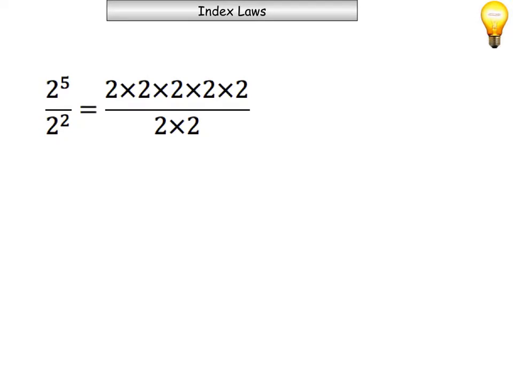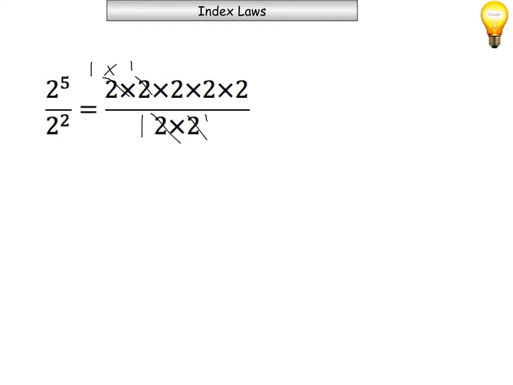Now here it's important to remember that when you have any number divided by itself, it is 1. So 2 divided by 2 is just 1, so we can cross that out and replace it with a 1 on both the top and the bottom. I've got another 2 divided by another 2, which gives us another 1 on top.